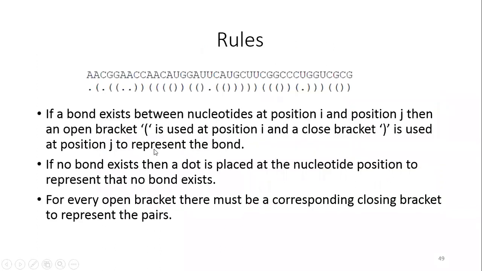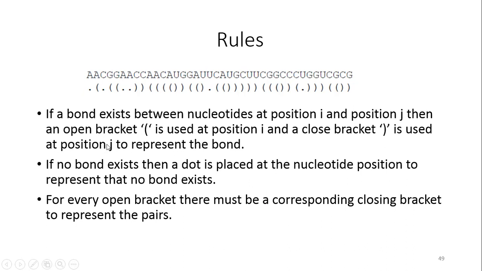Okay, but now the rules are quite simple. If a bond exists, or you can say if a pairing exists between nucleotides at position I and J, then an open bracket is used at position I, and its corresponding closing bracket would indicate to whom that particular base is getting paired up with.